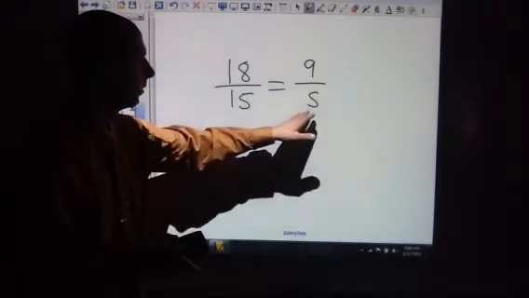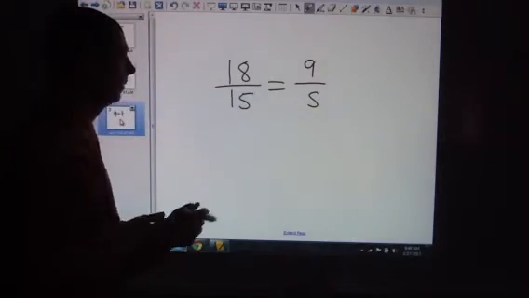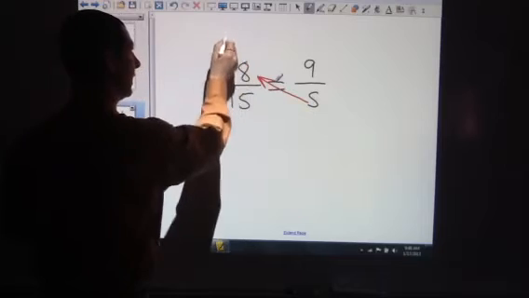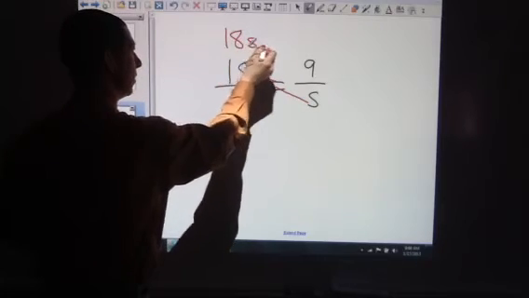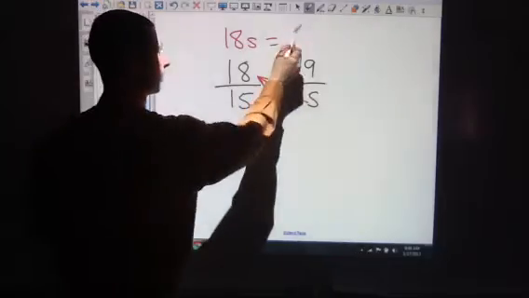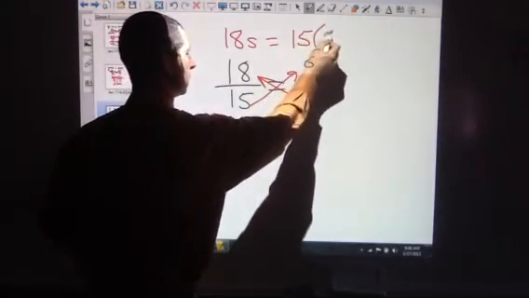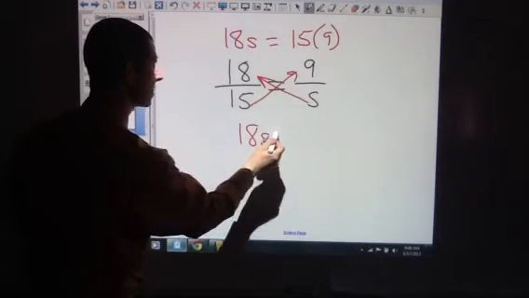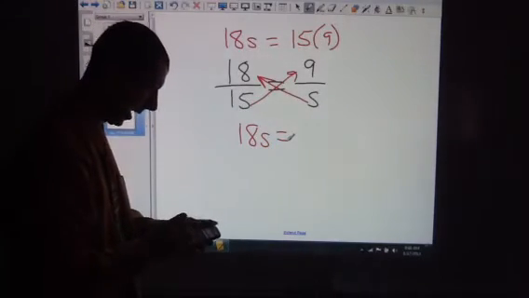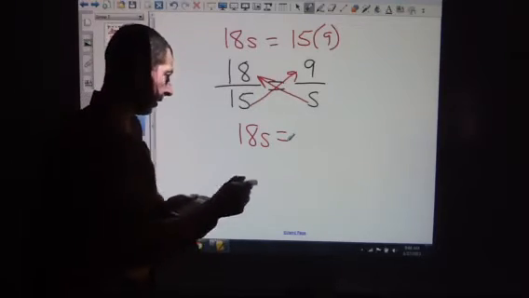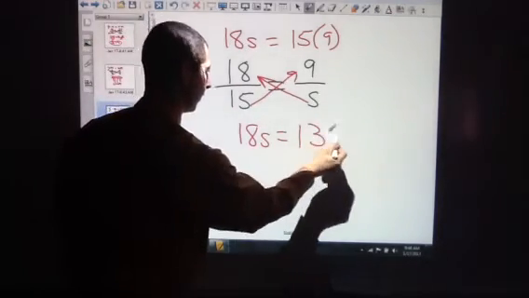In this case, our variable s is down here in the denominator. So we cross starting on the bottom: 18s equals 15 times 9. If I move it down here now, I have 18s equals 15 times 9. That's 135.